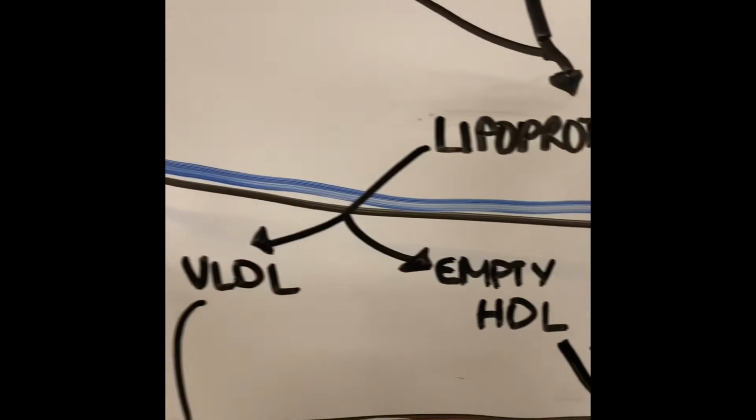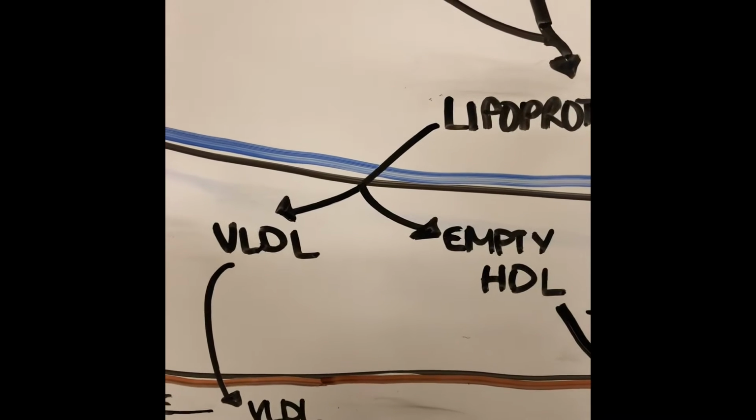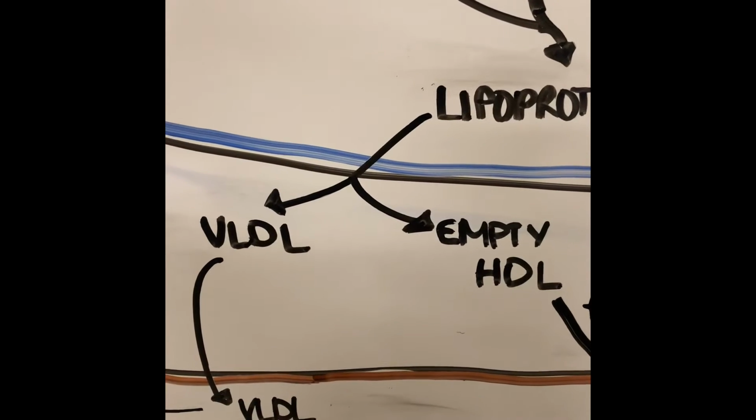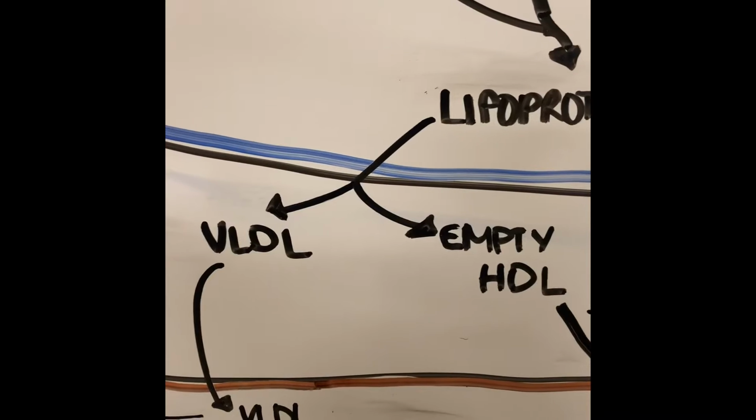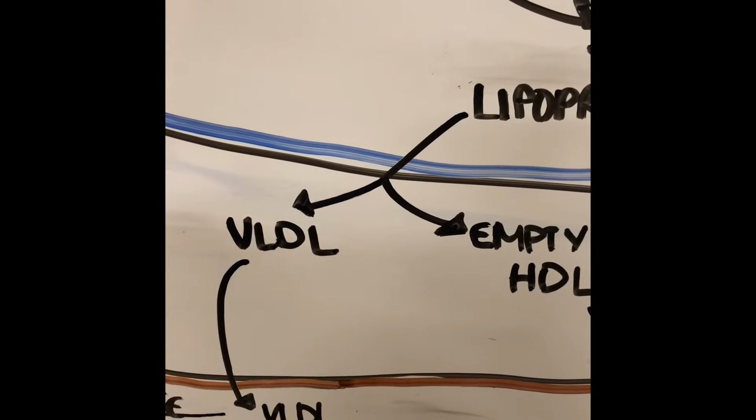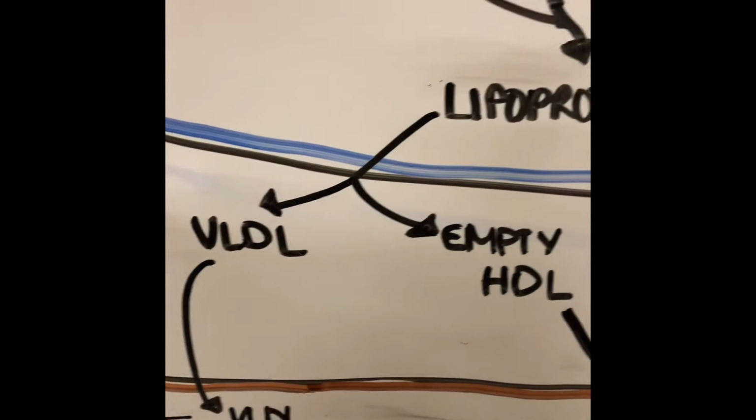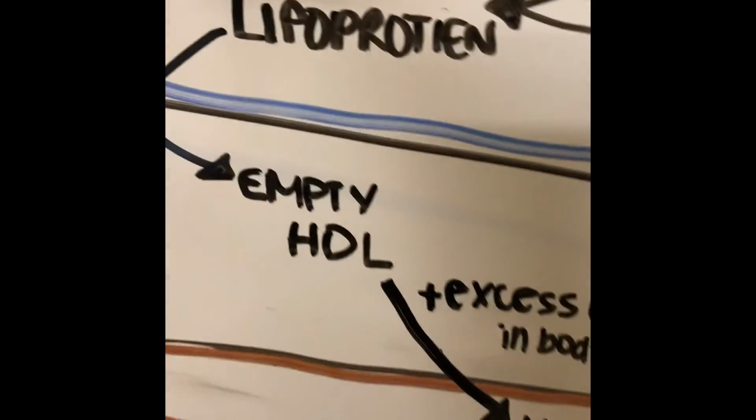There are many kinds, but in the liver it can only produce two kinds. It can produce empty HDL, which is high density lipoprotein, and very low density lipoprotein, or VLDL. So we're going to start with the empty HDL.